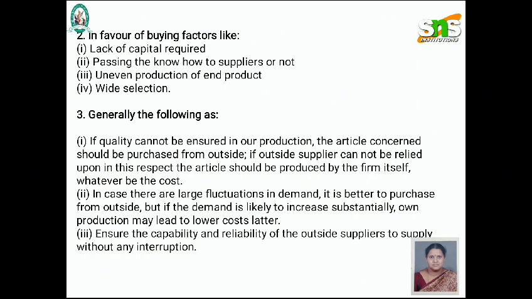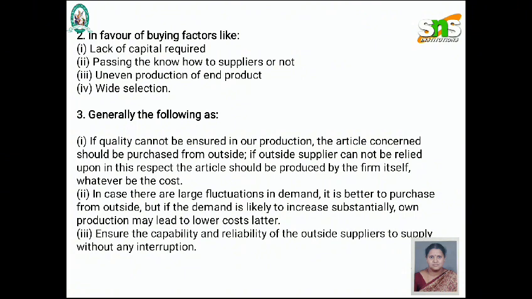Generally, if quality cannot be assured in our production, the articles concerned should be purchased from outside. If outside suppliers cannot be relied upon, the respective article should be produced by the firm itself, whatever the cost. In case there are large fluctuations in demand, it is better to purchase from outside, but if demand is likely to increase substantially, own production may lead to lower cost later.